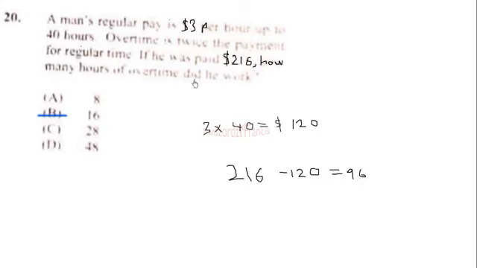So we need to divide 96 by double the rate, that is twice the regular payment, which is 6. So the number of hours worked will be equal to 96 divided by 2 times 3. 2 will go into 96 48 times, and 3 will go into 48 16 times.